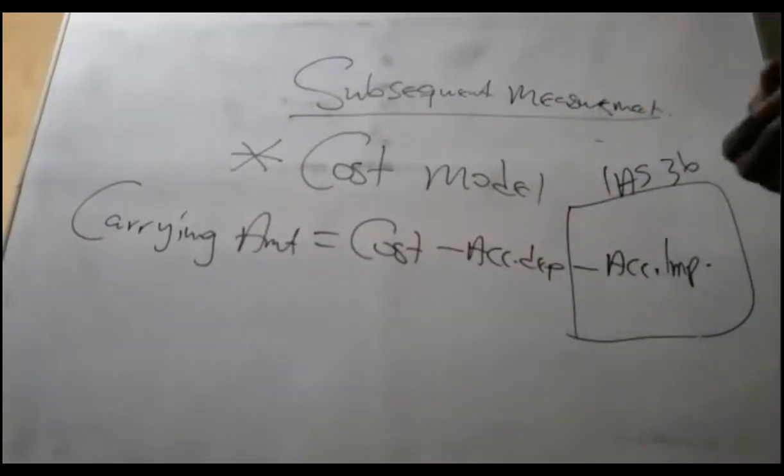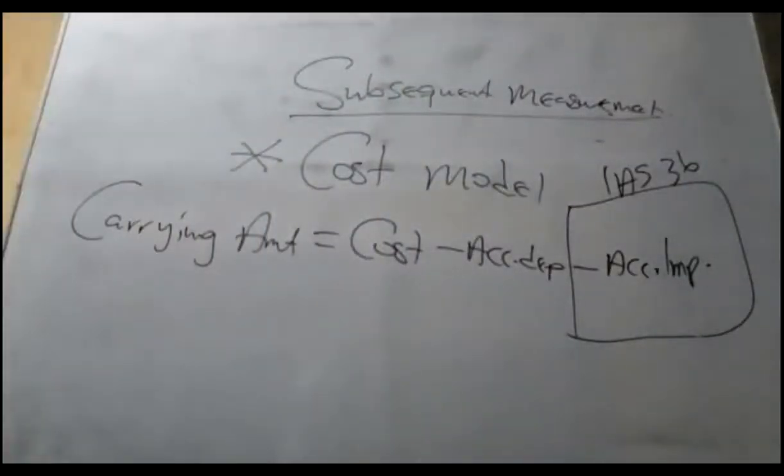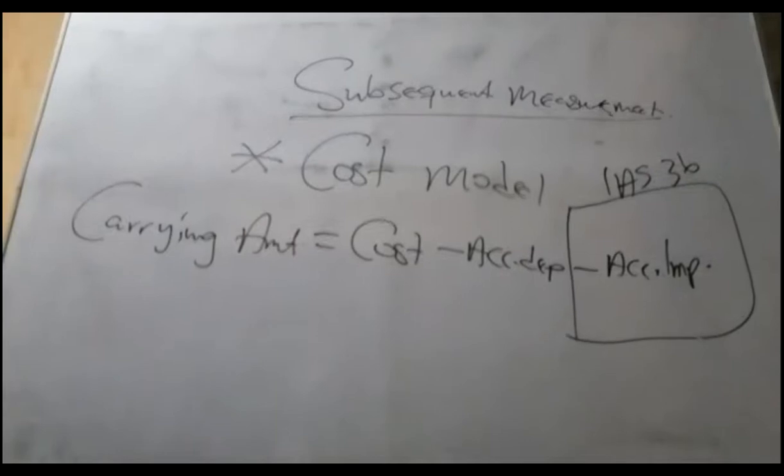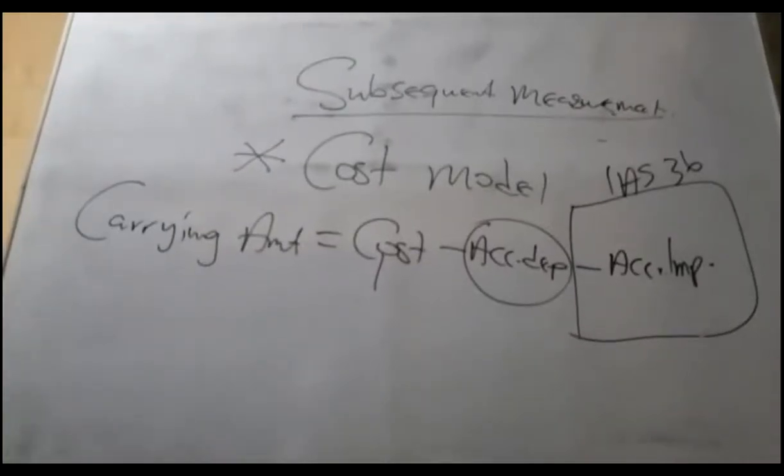But if they ask you to come out with the treatment, don't forget to tell the examiner that you also deduct the impairment loss. Now you know cost. This cost is the one that we looked at just now. So what we have to look out for is the accumulated depreciation and how to calculate depreciation, and then we are done.